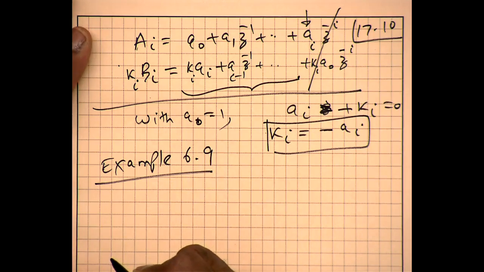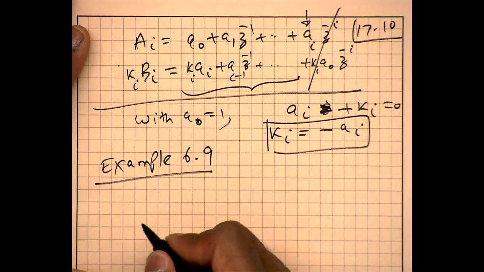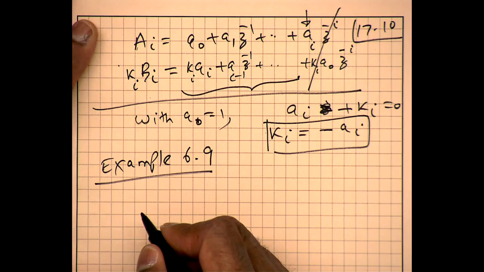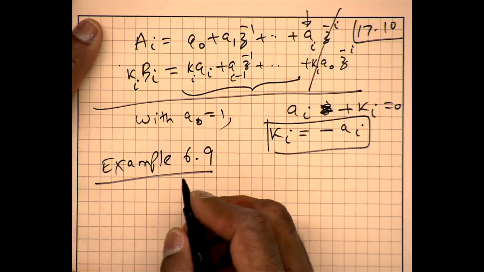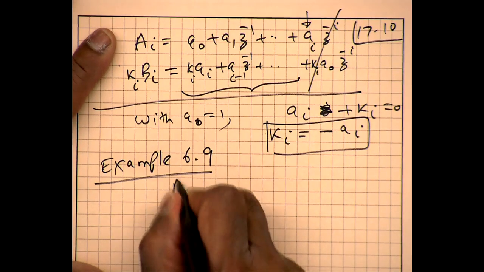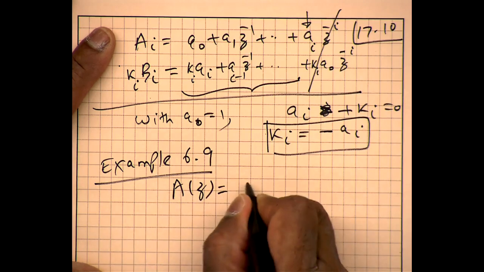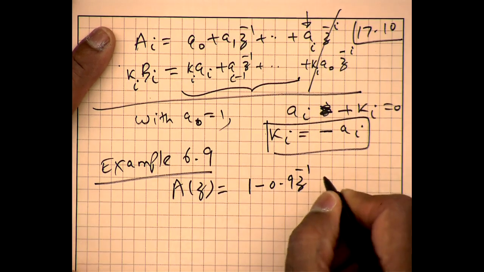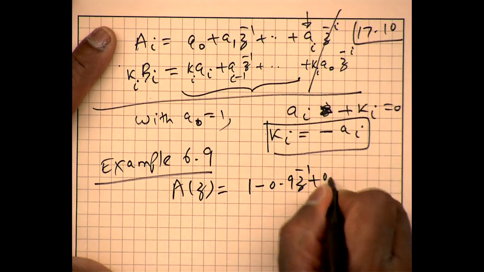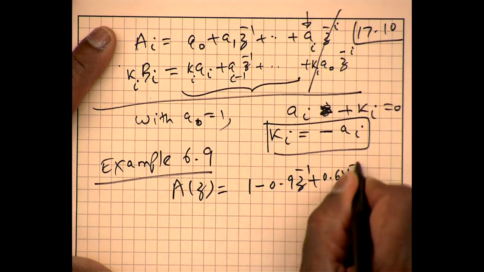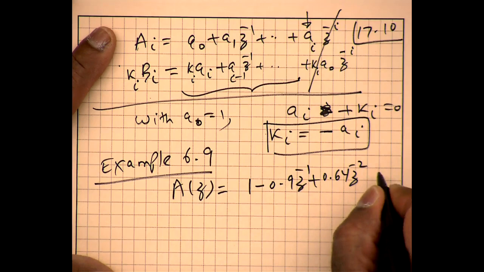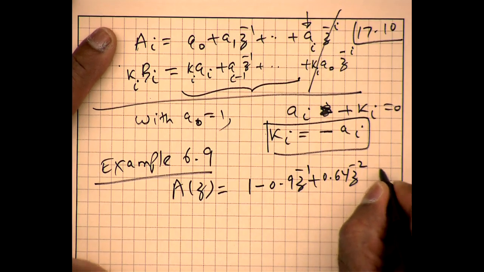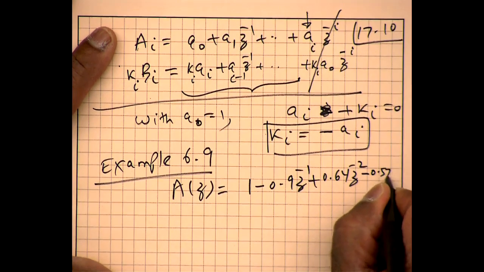You will not see any difference in the final result. In this example, we are given a third order FIR filter. A(z) is equal to 1 minus 0.9 z^-1 plus 0.64 z^-2 minus 0.576 z^-3.